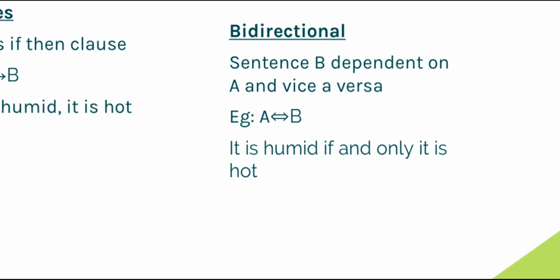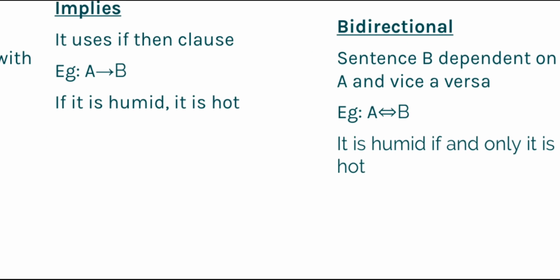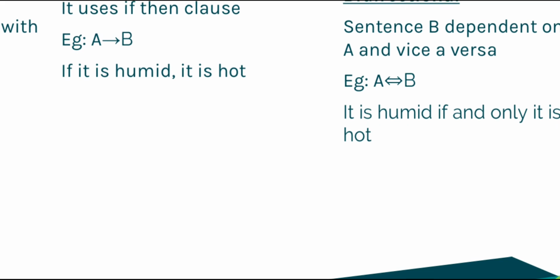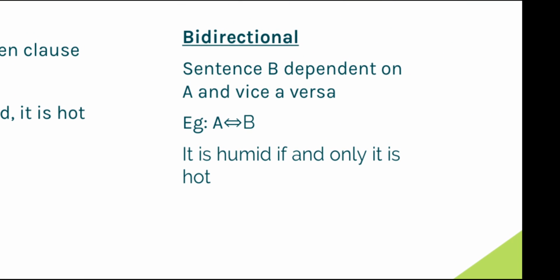And the last one is bidirectional. Let us take the example of A and B again. Over here, sentence B is dependent on A and vice versa. In implies, only B was dependent on A. If A is true, then B is true. If A is false, B is false. But over here both are dependent on each other. It is not like a domination thing that is happening here.